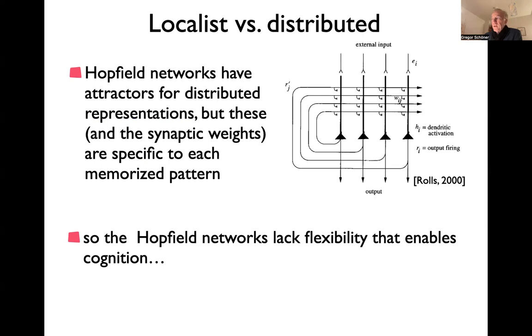And because of that recurrent connectivity, these networks can also be shown to create stable states, attractor states. But these attractor states are specific to the connectivity pattern. That is, there are only certain patterns that are encoded in this interaction pattern. And Hopfield and his collaborators computed how many of these attractors you can create, given a certain size of the neural network.